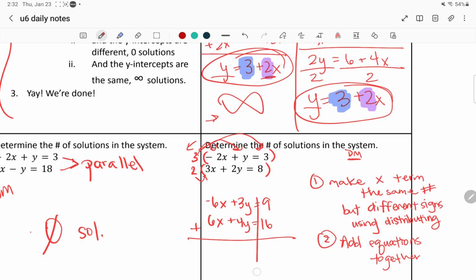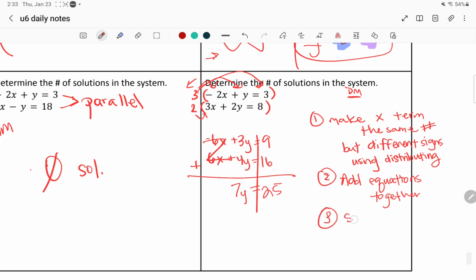Like things go together, same sides of the equal sign go together. So -6 plus 6 is 0. My goal was to cancel something out. 3 plus 4 is 7y equals 9 plus 16, which is 25.